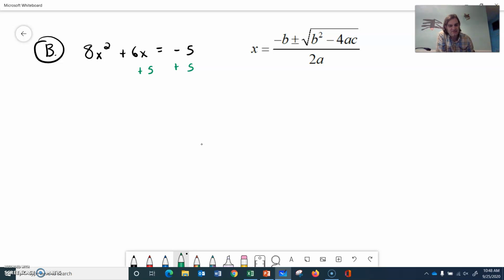There's not a constant on the left hand side right now, so be careful. But that gives us 8x squared plus 6x plus 5 equals 0, and that's what we're going to work with, where our a is 8, b is 6, and c is 5.